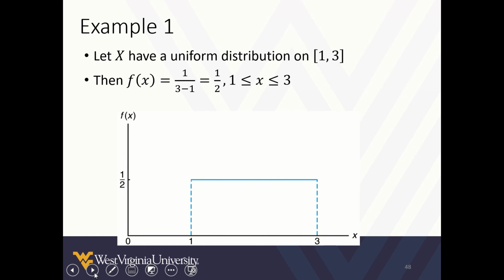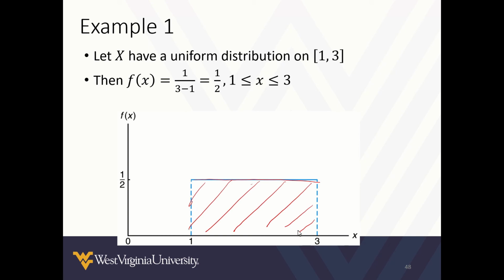So suppose we have x being the uniform distribution on the bounds from 1 to 3, then our f of x would be equivalent to 1 over 3 minus 1, which would be 1/2. Again, this is on the bounds of 1 less than or equal to x less than or equal to 3. And here on the slide, we have a nice image of the uniform distribution. It really is a rectangle, and our area of interest is simply the area of this box.